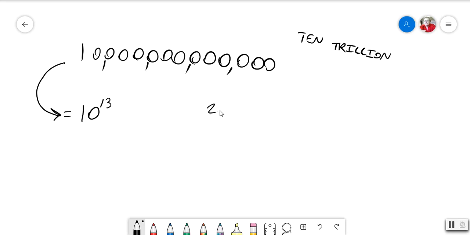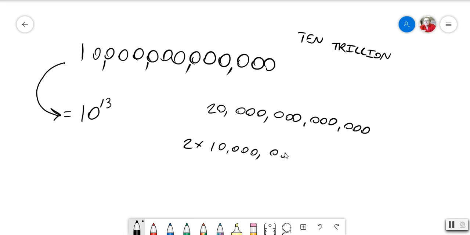Well, what if it were 20 trillion? 3, 6, 9, 12, 13. Well, that would be 2 times 10 trillion, or 2 times 10 to the 13th.